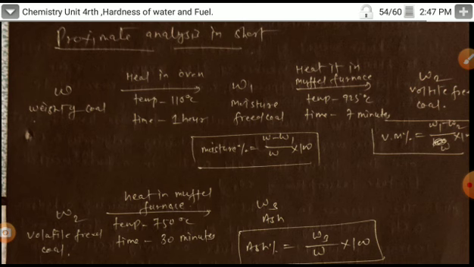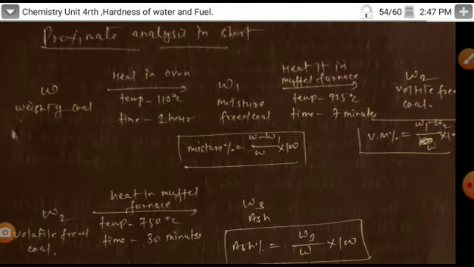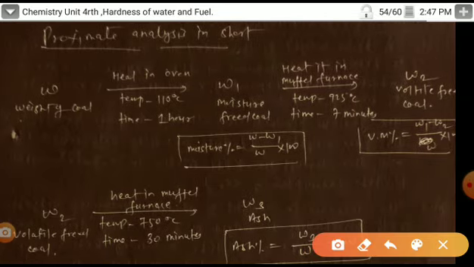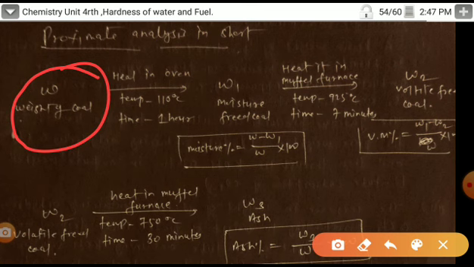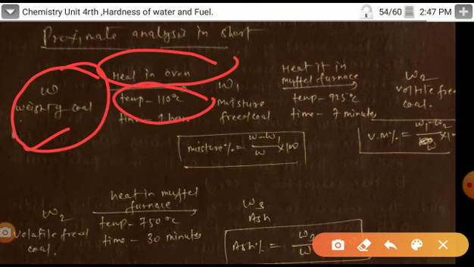Let us take a few grams of the coal, that is, the weight of the coal is w gram, and you have to take it in a crucible. Put the crucible into the oven, and keep the temperature of the oven at 110 degrees centigrade for about 1 hour.